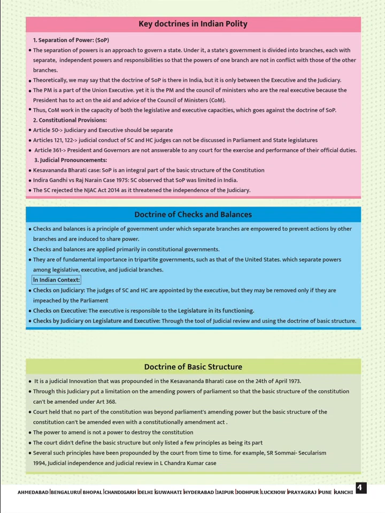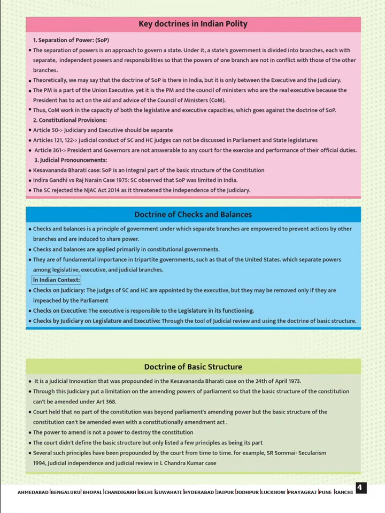Checks and balances are applied primarily in constitutional government, and they are of fundamental importance in tripartite government, such as that of the United States, with separate powers among the legislature, executive, and judiciary branches.